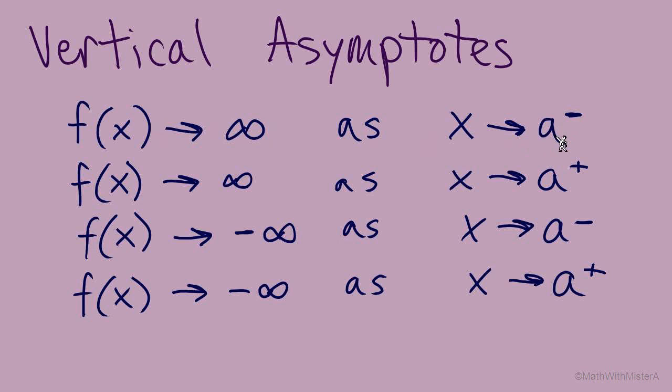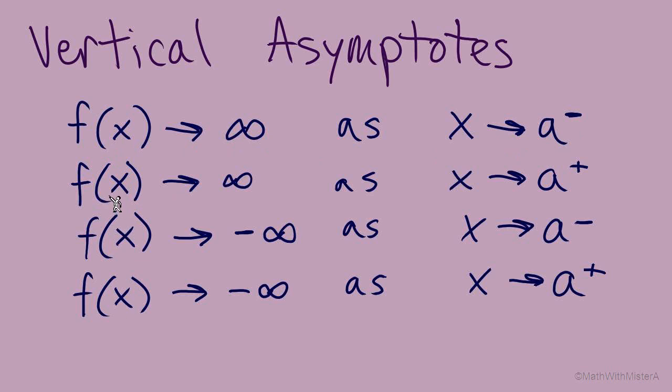Now we're going to take these ideas to some graphs pretty soon to break them down, but let me just run through these. So this one is saying our y values shoot upward, get extremely positive as our x values get closer and closer to some number from the left side. Or, and it's if any of these four things happen, but we'll see that they do kind of come at least in pairs.